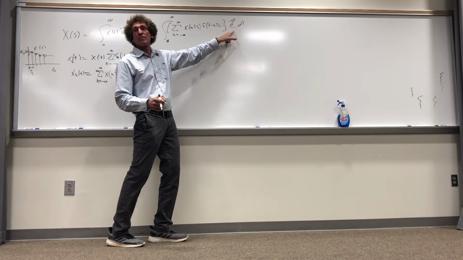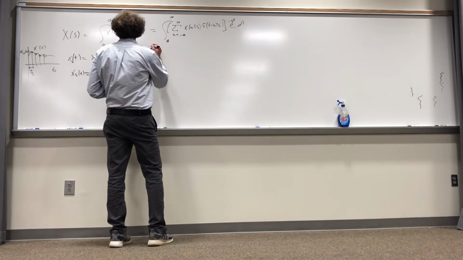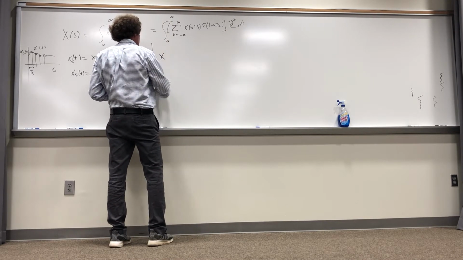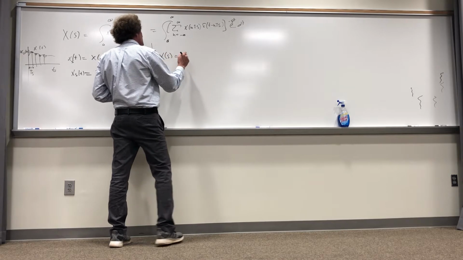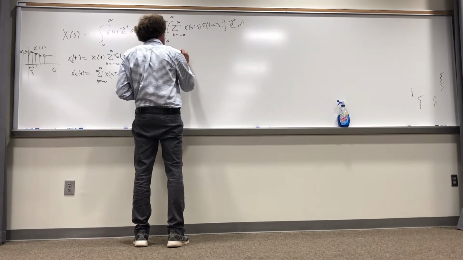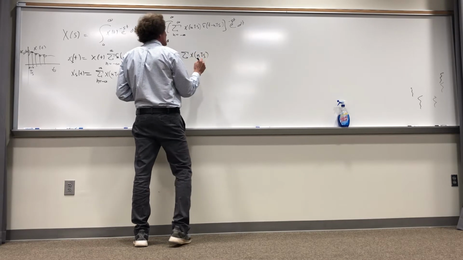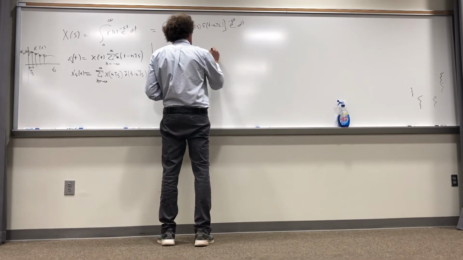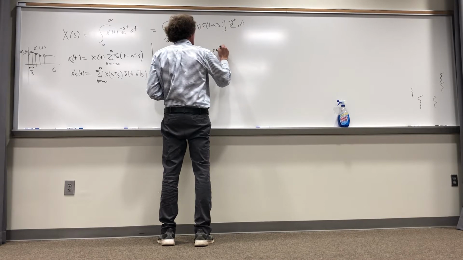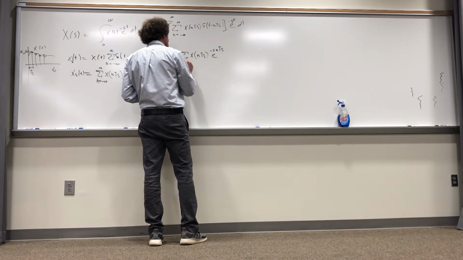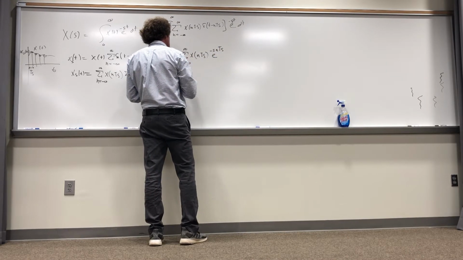This is important. So now I can say that X of s is equal to the summation of x of nTs times e to the minus s times nTs, where n goes from 0 to infinity, or minus infinity to infinity.